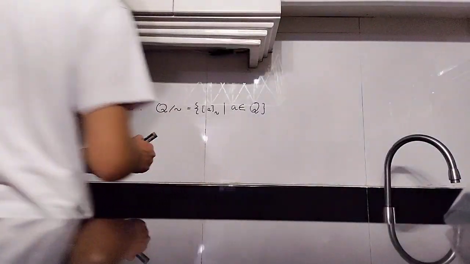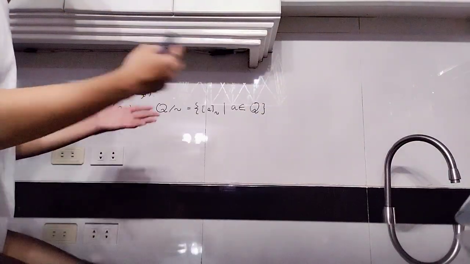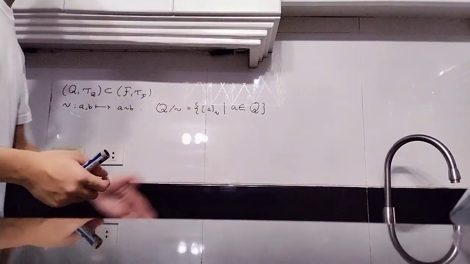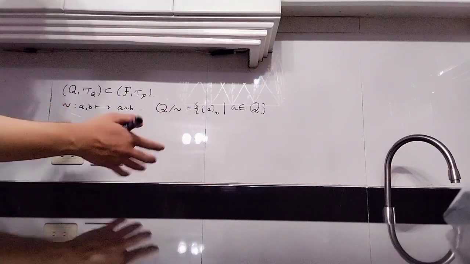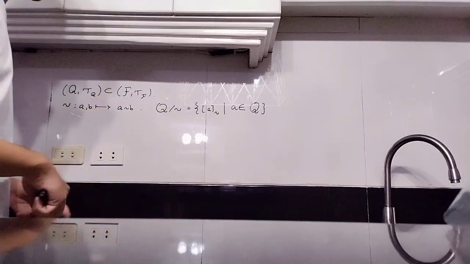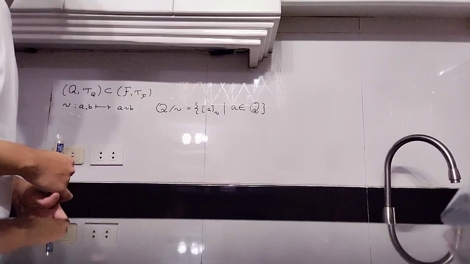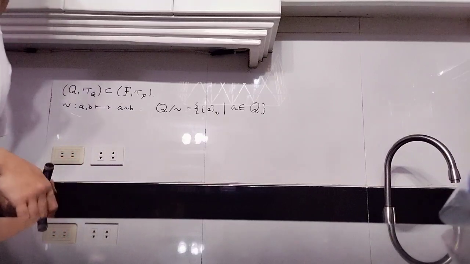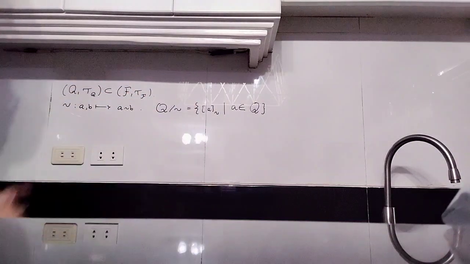The equivalence class of A is every other element inside Q that is the same, quote unquote, as A. This is why the symbol is almost an equal sign, but not quite, because they are the same in a way, but not really the same. They're still distinct symbols. They're just the same under this given condition.